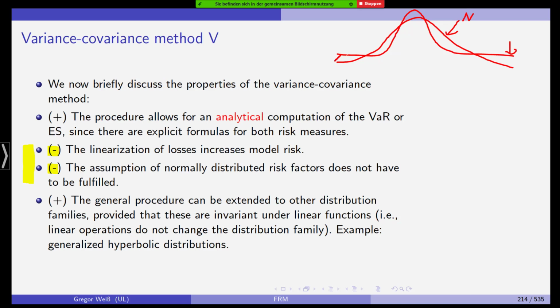It's what we call leptokurtosis, meaning that extreme observations in reality have a higher probability than they would under the assumption of a normal distribution. This means that if you use a normal distribution, those extreme losses will have a smaller probability than in reality.